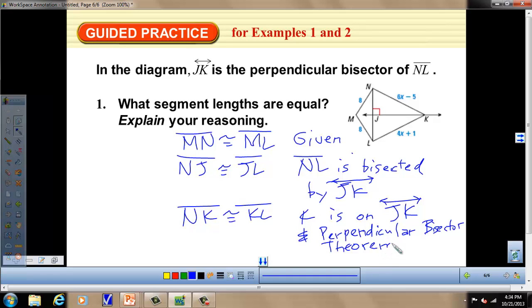So the perpendicular bisector theorem tells us that this point, since it's on the perpendicular bisector, makes those lengths equal.